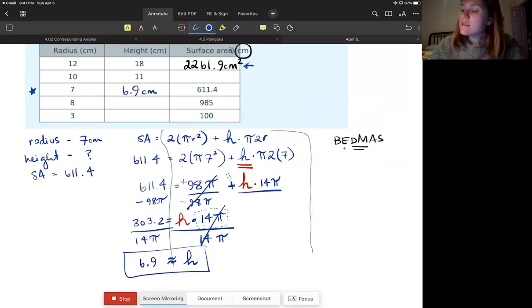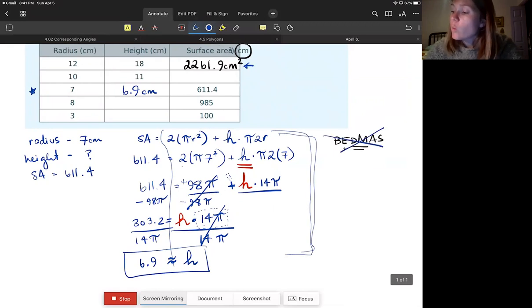This process of isolating, we saw this when we were doing Unit 3, and here we are using the opposite of BEDMAS, because we're going backwards. You begin by adding and subtracting, just like we did here with this 98 pi.